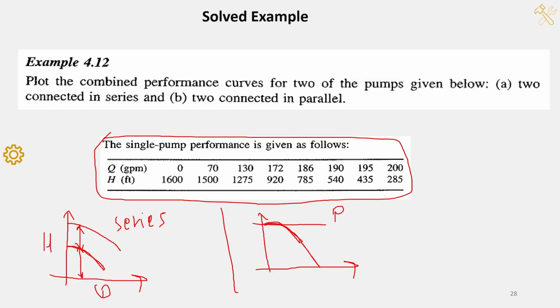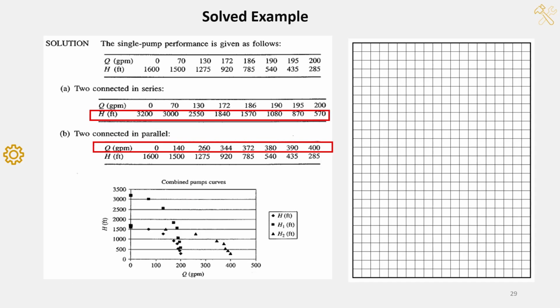Constant. So this is the parallel pump. Okay, and yeah, this is just the example. If the two pumps connect in series, then the head will be doubled, as you can see here. 3200 is double than 1600.